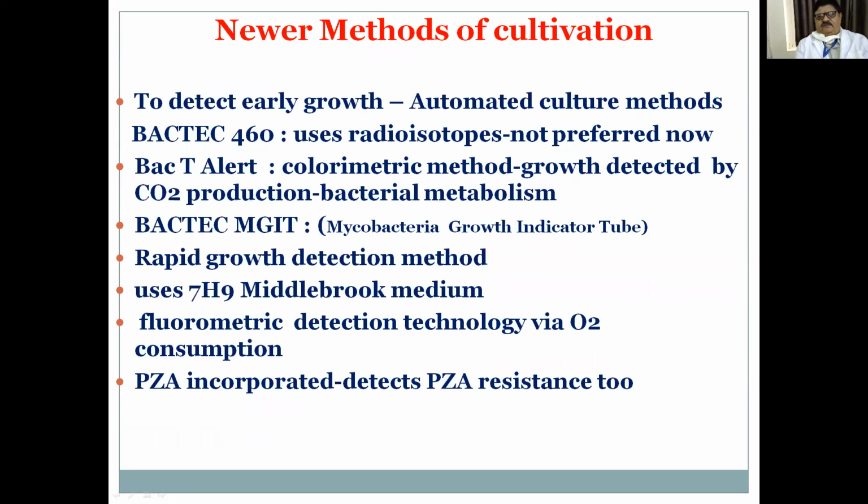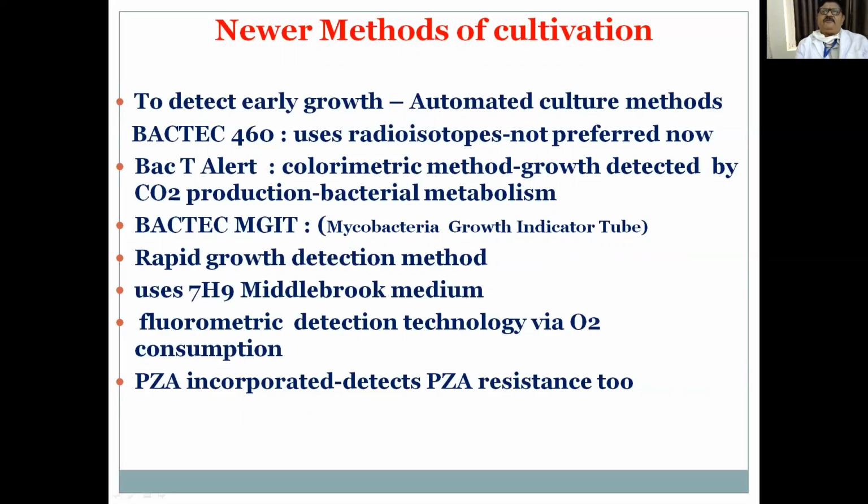Newer methods of cultivation. To detect early growth, you can use Bactec 460, Bactec Alert, Bactec MGIT. A rapid growth detection method, they use 7H9 Middlebrook medium and fluorimetric detection technology via oxygen consumption.